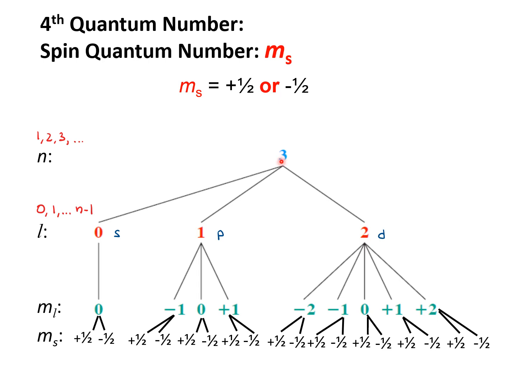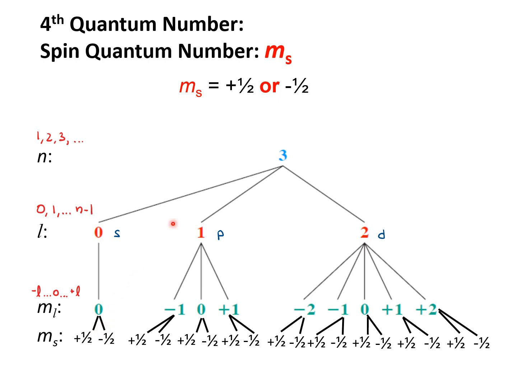So here we have 3s, 3p, and 3d orbitals. Now, when L equals 0, ML, which can have allowed values ranging from minus L going to 0 and then all the way to plus L, can only have a value of 0.